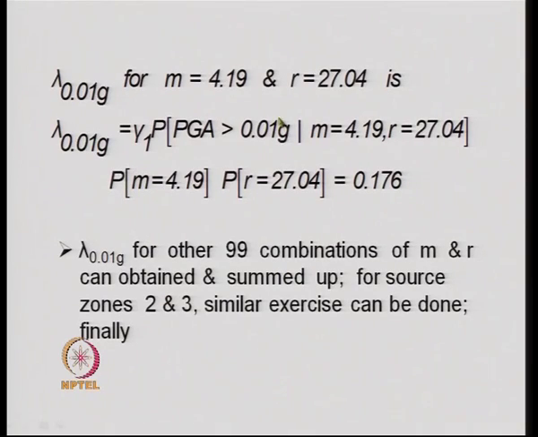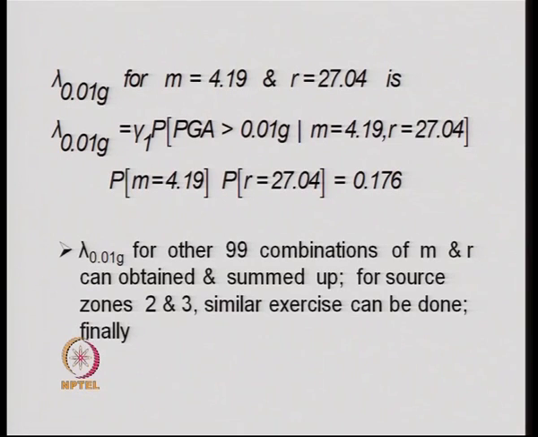So, here we first make this multiplication, and it turns out to be 0.176. In this, the rate of occurrence of earthquakes greater than magnitude M equal to R, that is nu 1, we have also calculated. So we multiply this entire thing with nu 1 and the result is 0.176.